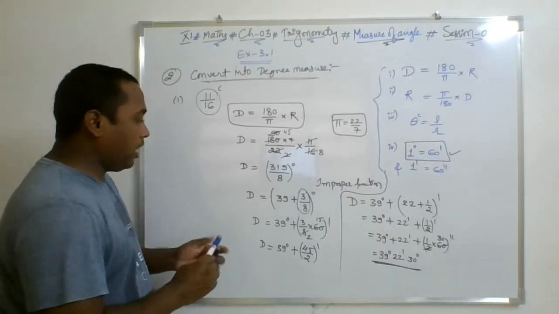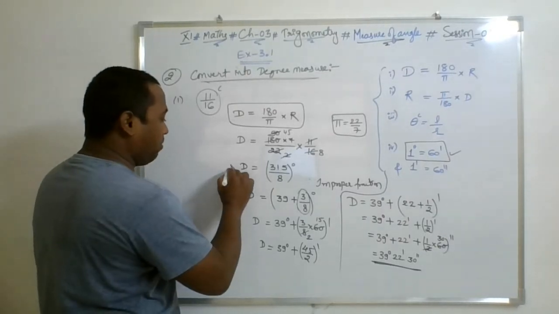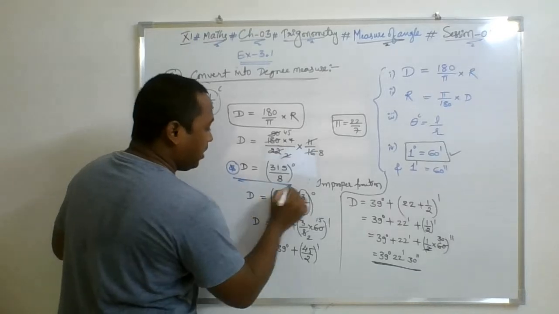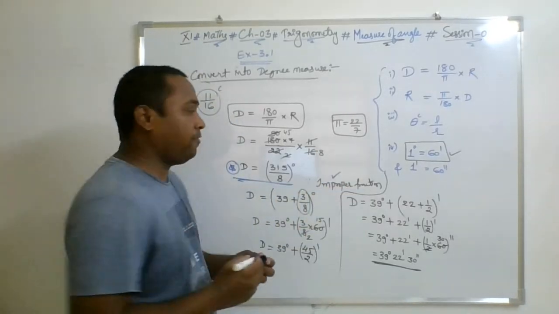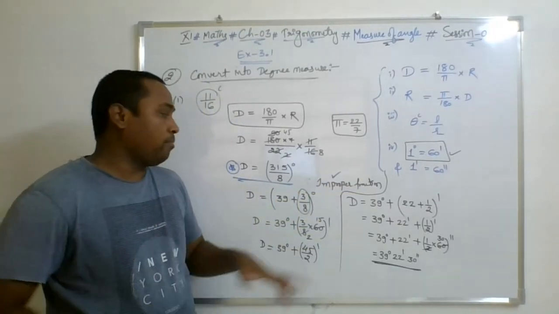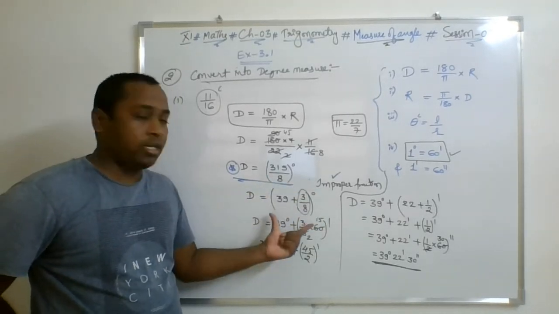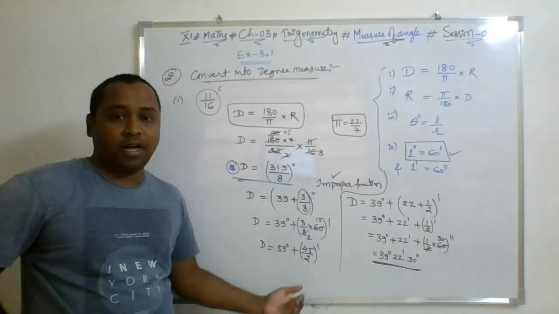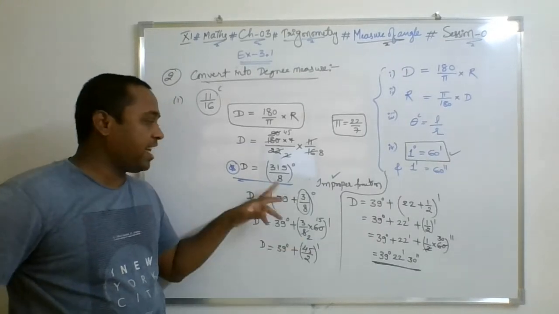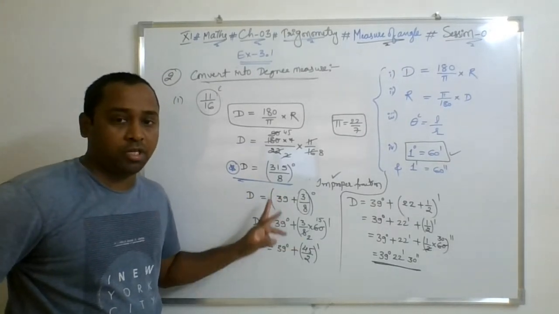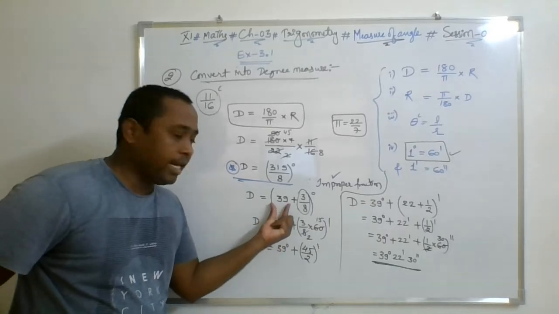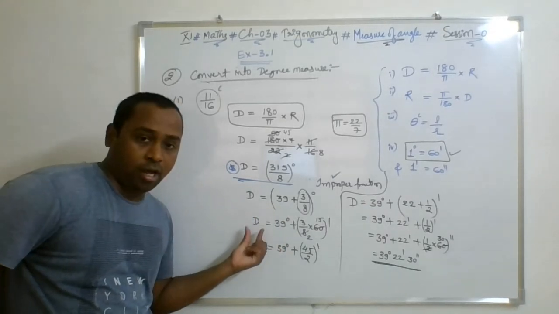So you cannot leave the answer simply here, right, if it is an improper fraction. If you are getting an improper fraction as an answer, you need to simplify it further by expressing the improper fraction as a mixed fraction, and the integer part will be taken out.